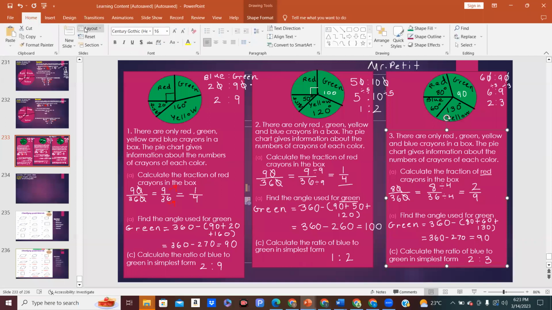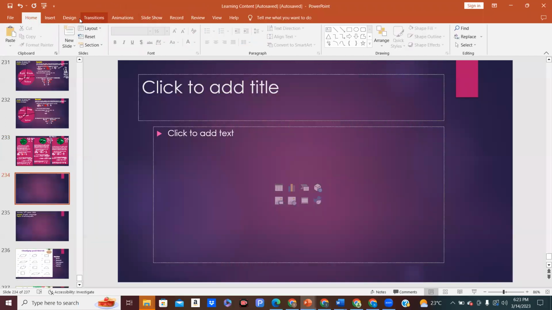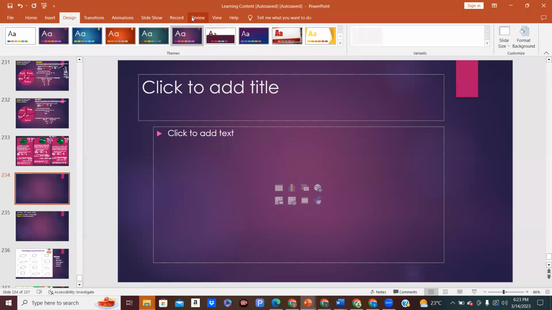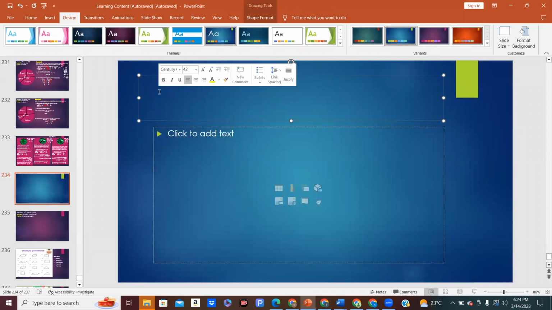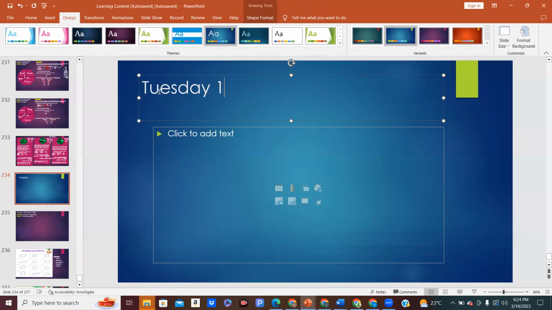Let's go. I'm going to change this color. Miss Petit, you sound a little bit too excited for this one. I've been here for a couple months and I never hear you say no. Maybe that's the evolution of the person. I like pie charts. Pie charts is nice and neat.